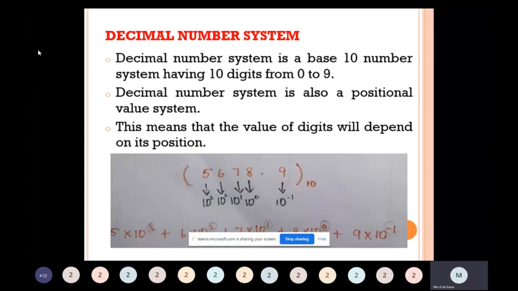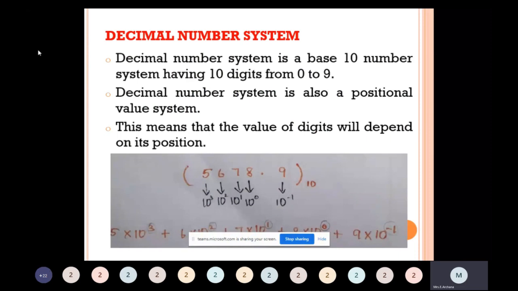The positional weightage for each digit of the integer should start from the LSB. For the fractional part, we have to start from the MSB. In 5678, the last digit, 8, will have the weightage of 10 power 0. Next, 7 will have 10 power 1, 6 will have 10 power 2, and 5 will have 10 power 3.